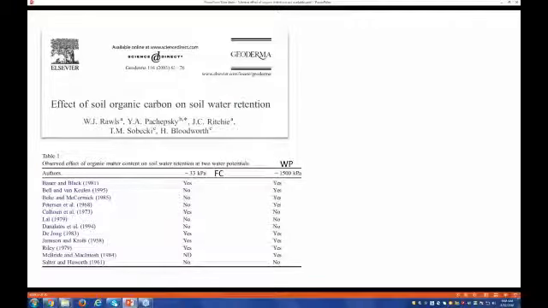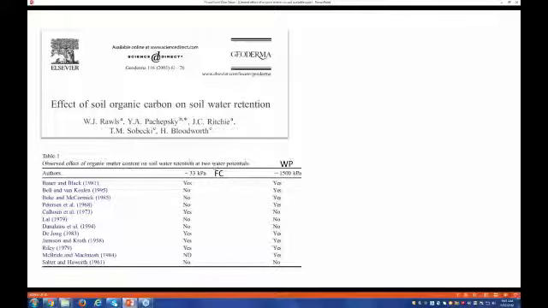We look into the literature. What does the literature say about the effect of organic matter on field capacity and wilting point? This is one review from 2003 by Walter Rawls and colleagues from the USDA. They looked into the literature, and the literature itself is a bit conflicting.